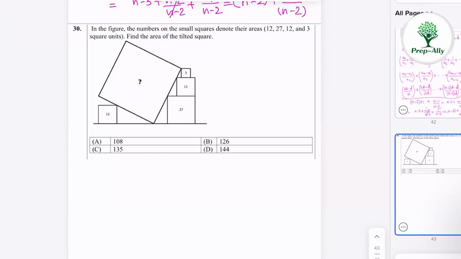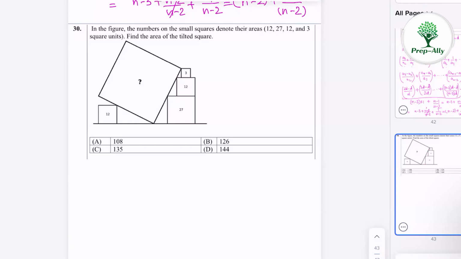These angles are the same, and these angles are the same, and these angles are the same.